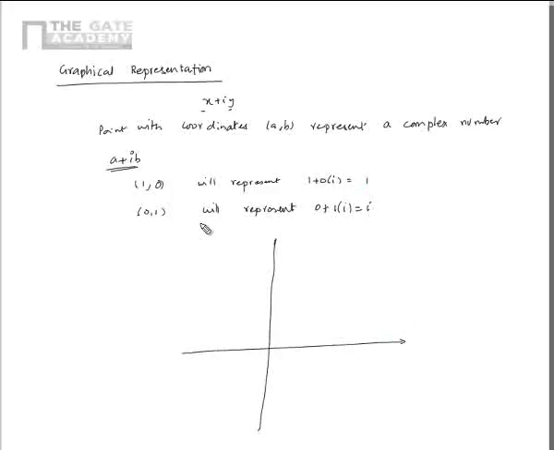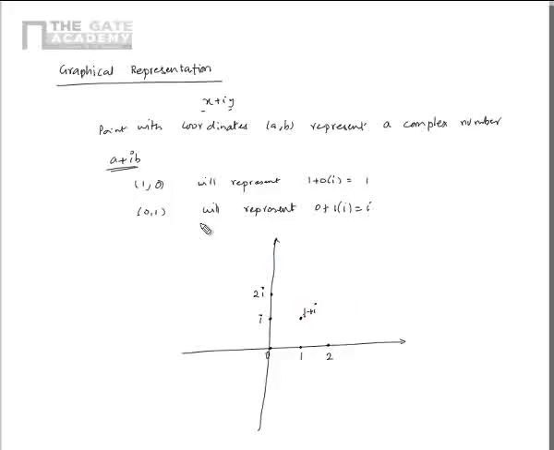So here you will have 0 comma 0 here, somewhere here it will be 1, and similarly 2. And here it will be i, and if you extend it, it will be 2i, 3i, something like that. And this will be basically 1 plus i.